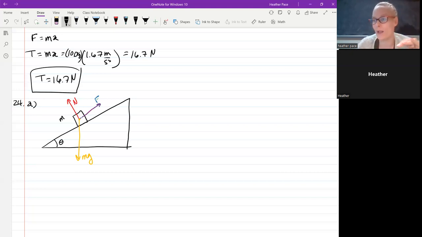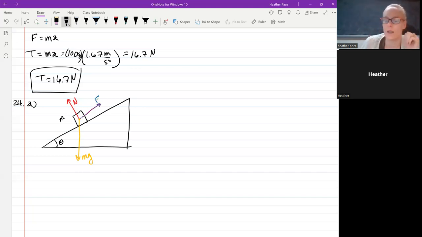This really doesn't help us find acceleration, which is the first thing we want to find. So what we have to do is piece this apart to make triangles to find the forces that we want to look at, the X and Y components, so that we can solve for F here.